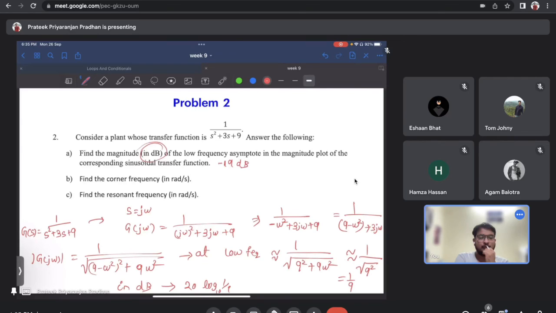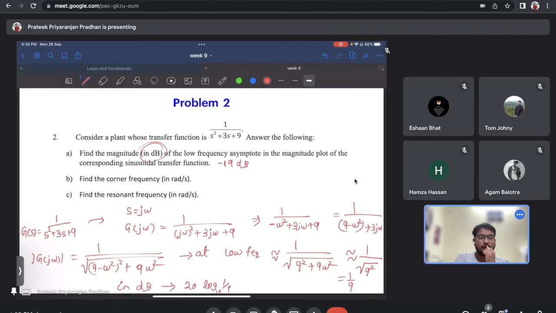Is this clear? So that means if this is minimum, I can write it as an expression, d of omega is equal to 9 minus omega square whole square plus 9 omega square. This needs to be minimum.